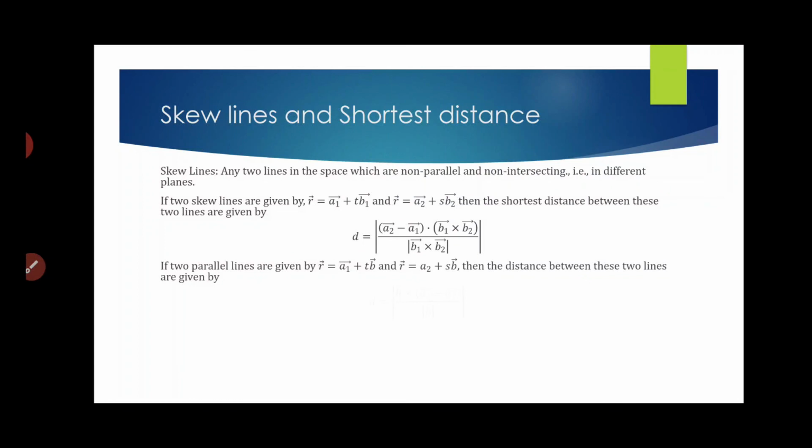Fine. And also if I am given two straight lines which are parallel, then the distance between the two straight lines is given by modulus of b cross (a2 minus a1) by mod b. Fine. So these are the two formulas that we need to remember. So let us take up the problems.